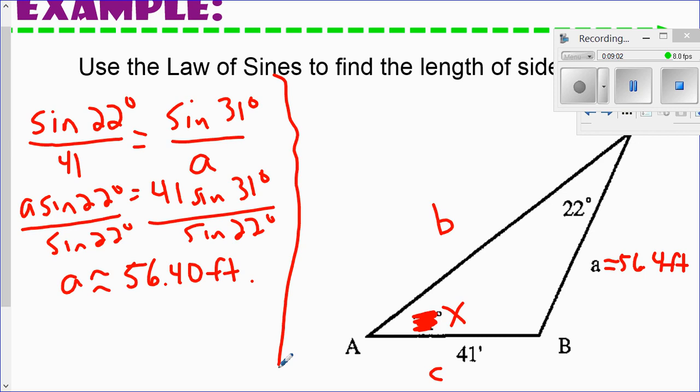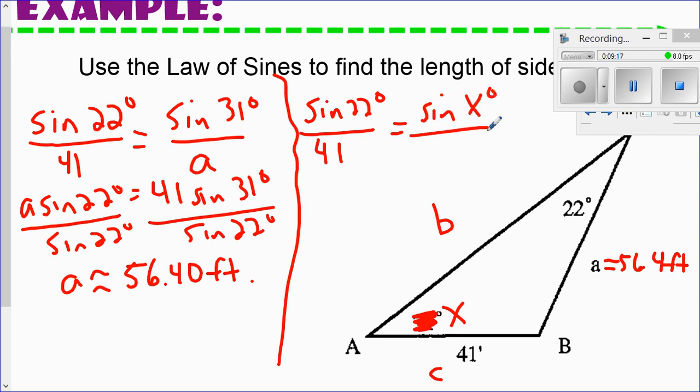The sine of 22, just like I did before, over 41 is equal to the sine of x, which I'm pretending I don't know, over the side length opposite that angle, which is 56.4. So if I'm looking for x, which is the measure of angle A, that's how I would set up my ratio.